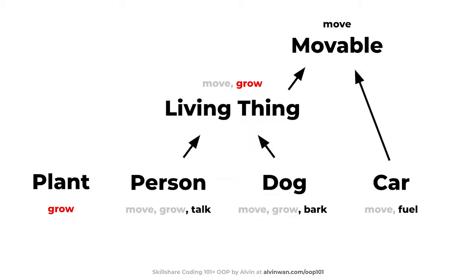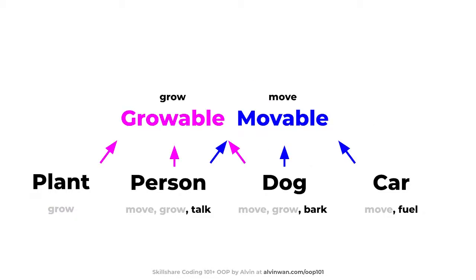So instead of building a hierarchy using inheritance, let's consider what each class is able to do. Each parent class instead defines a property of the object. Here, we have a parent class for all classes that can grow, called growable in pink. We also have a separate class called movable in blue. Each parent class defines a new behavior that the subclasses can do.